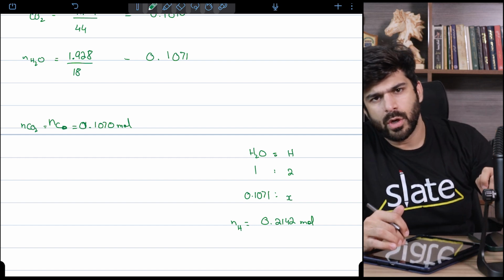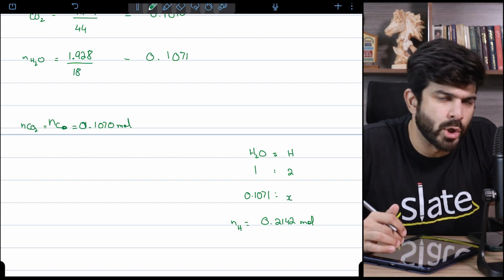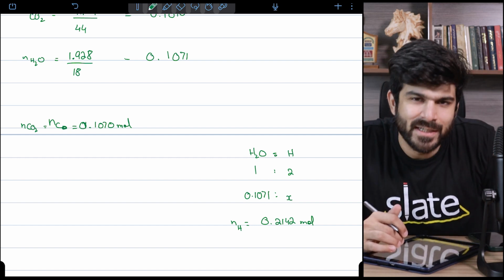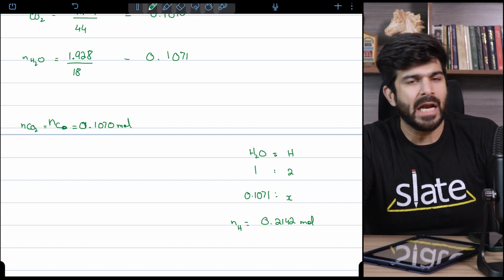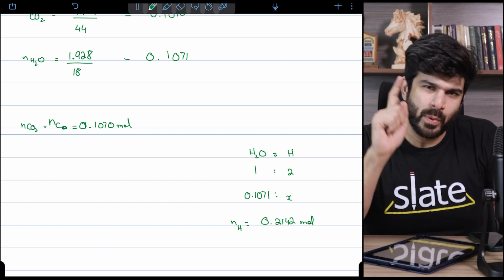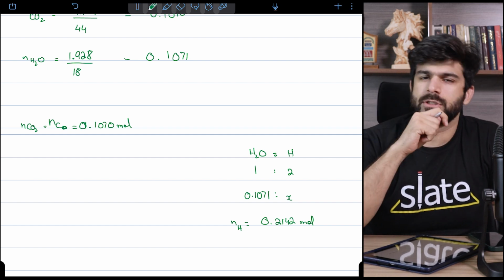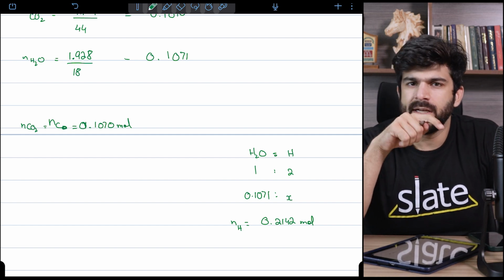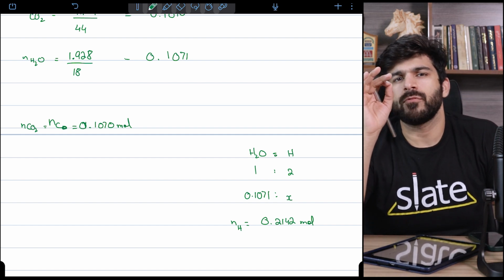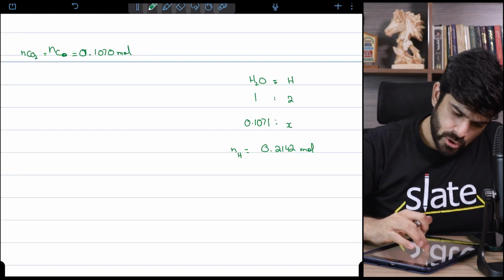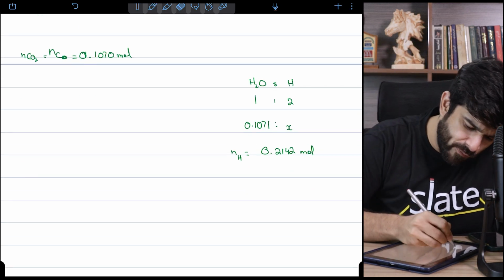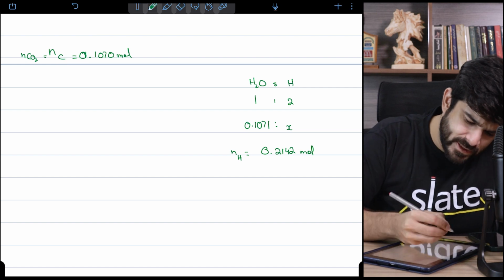We need to know the amount of oxygen first. We cannot calculate the moles of oxygen, but we can still calculate the mass of oxygen if we subtract the mass of carbon and hydrogen from the whole compound. So we need to convert these values of moles into masses.